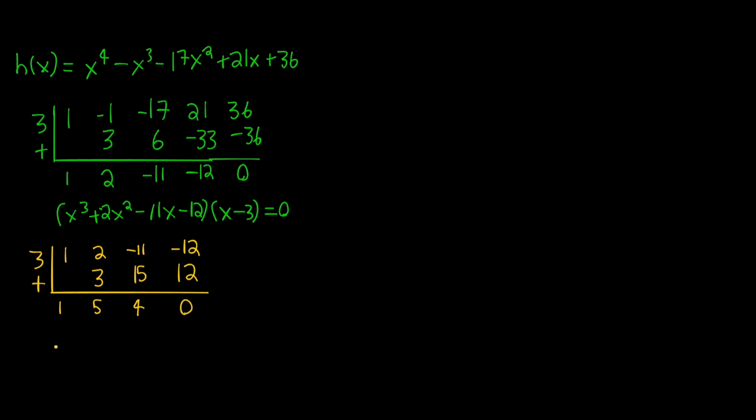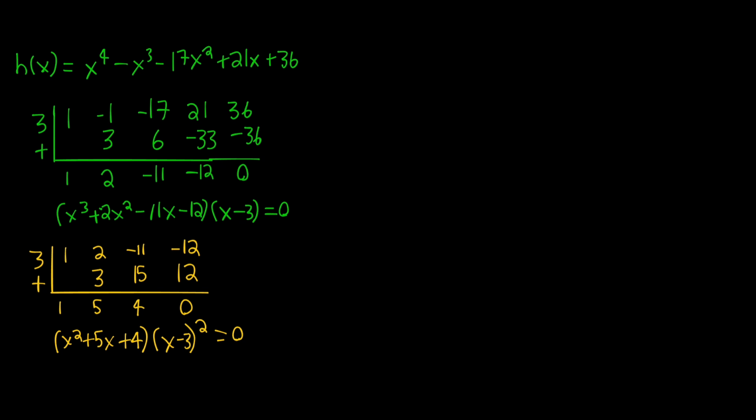So what this gives me here is (x squared plus 5x plus 4) times (x minus 3). And we have another x minus 3 term, but remember that we can just express that as (x minus 3) squared is equal to 0. So from here, you have the choice. You are working with a quadratic, which means that you can use synthetic for it, or you already know how to factor quadratics from some of my previous videos.